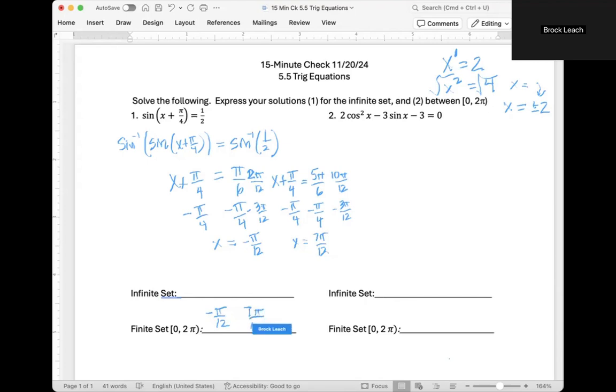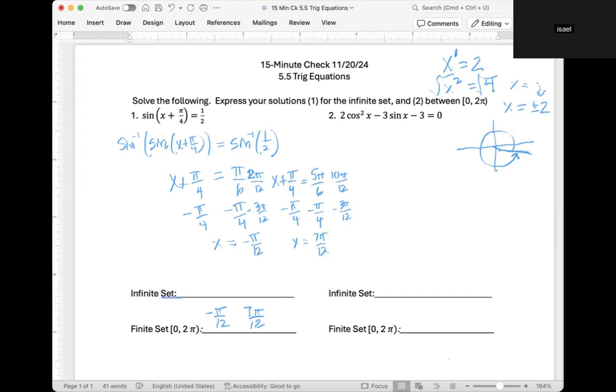But if we want to capture the solutions infinitely, because we can always add 360 to pi over 12 or negative pi over 12, for example. Negative pi over 12 is just negative 15 degrees. But whenever we go around, if I add 360 to it, I'm in the same position. We would get the same solution.